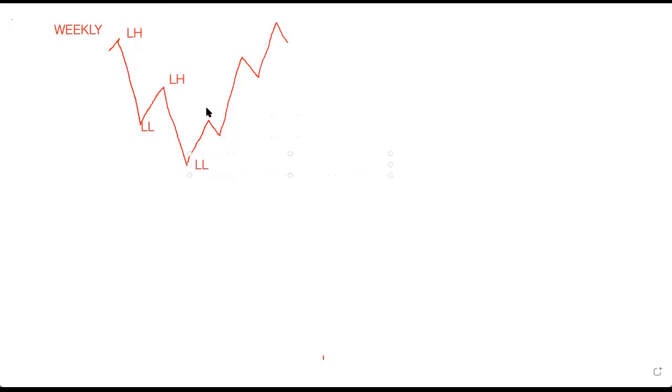Let's create a scenario whereby we break this area. Who knows what this becomes when we break a previous low high? What does it become?